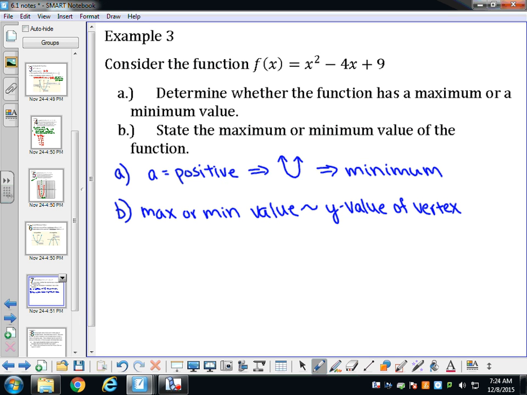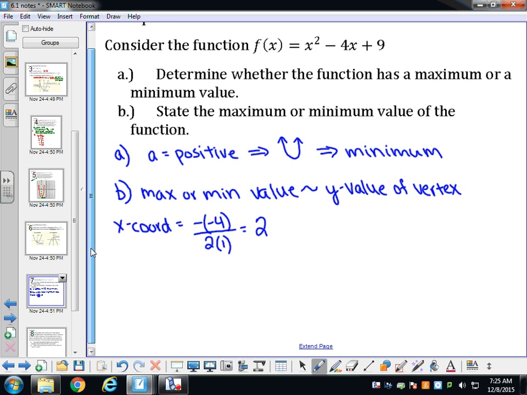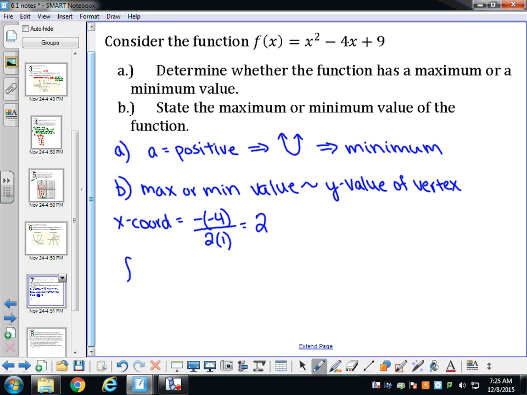So I go through it just as if I did it before. First, I want to find the x coordinate, and I get negative b over 2a. So I get 4 over 2, which is more simply just 2. Then I take that and plug it into my equation. So I take f of 2, so I get 2 squared minus 4 times 2 plus 9. So I get 4 minus 8 plus 9, which equals 5.